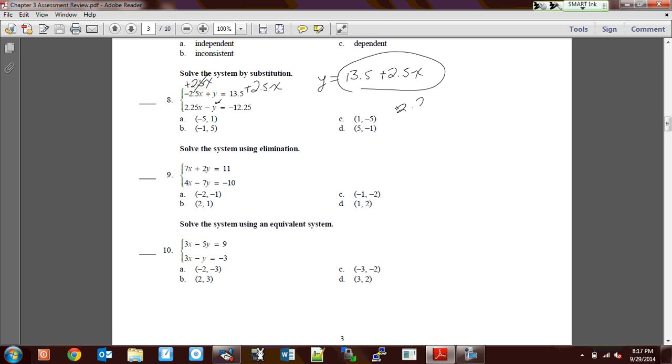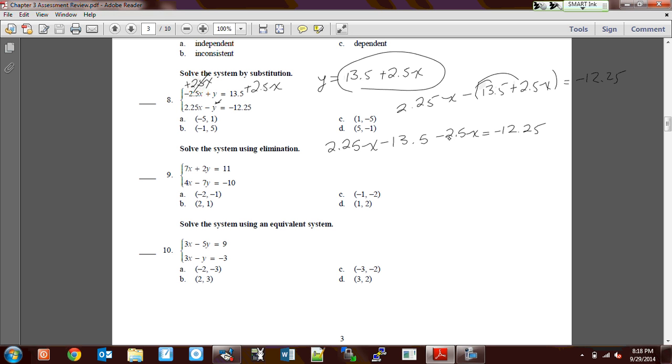So 2.25x minus (13.5 plus 2.5x) equals negative 12.25. Distribute the negative through. So we have 2.25x minus 13.5 minus 2.5x equals negative 12.25.